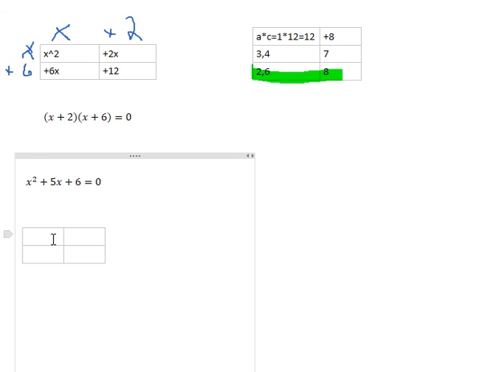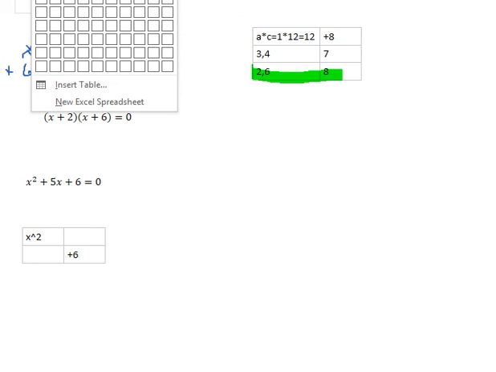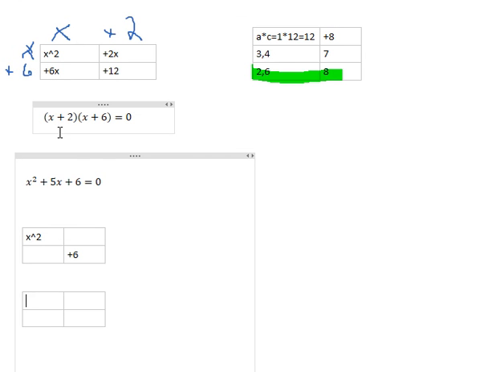All right, we start out by writing x squared up here and plus 6 down here on the right. Now we need to make our AC table. Okay. Remember that my A term is out here. My A times my C gives me plus 6. And my B term is 5.